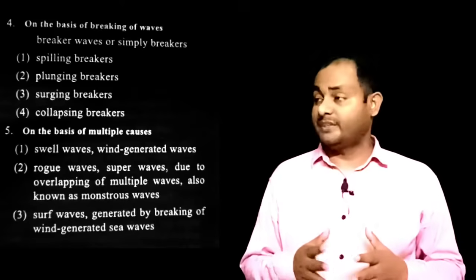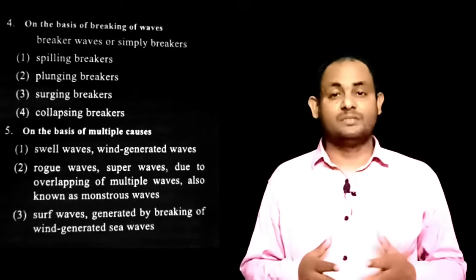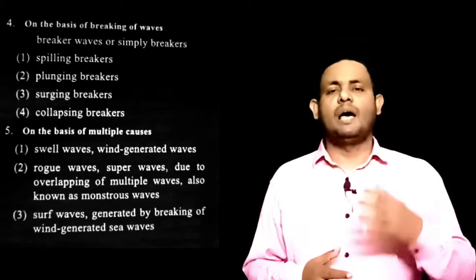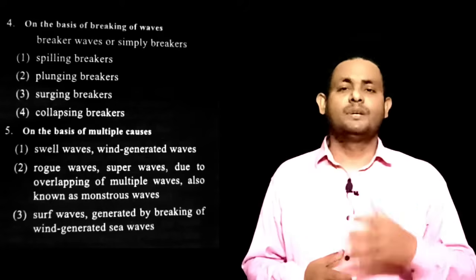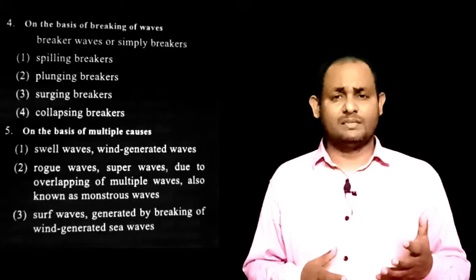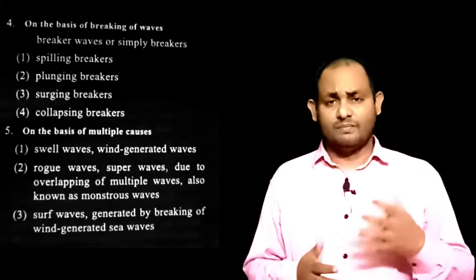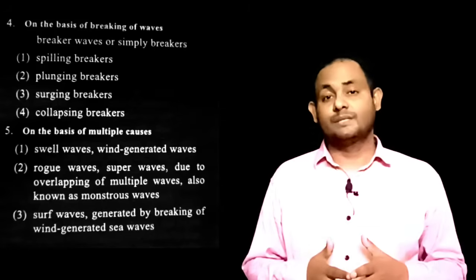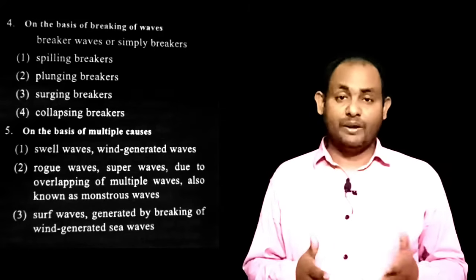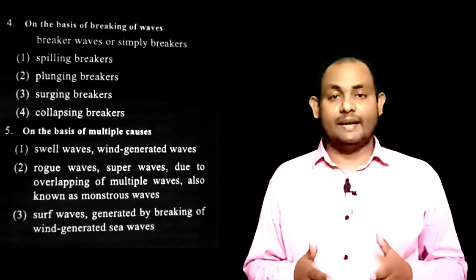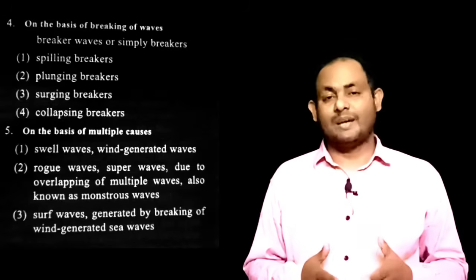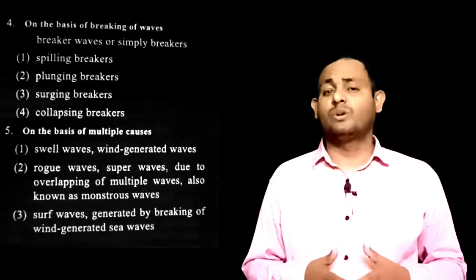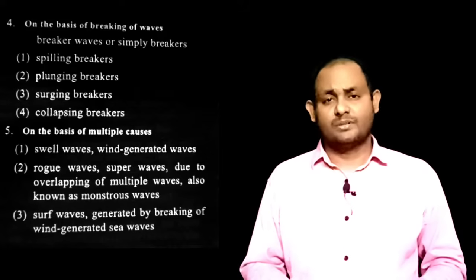Number four, on the basis of breaking of waves, there are breaker waves, spilling breakers, plunging breakers, surging breakers, and collapsing breakers. Also, on the basis of multiple causes, there are shallow waves, wind generated waves, rogue waves, and super waves due to overlapping of multiple waves, also known as monstrous waves.